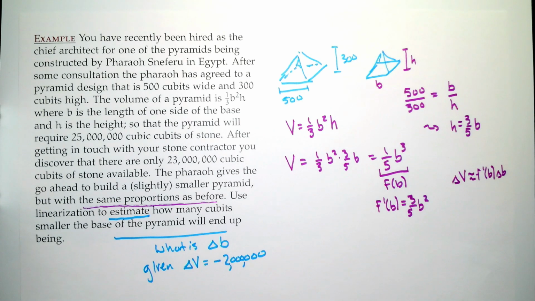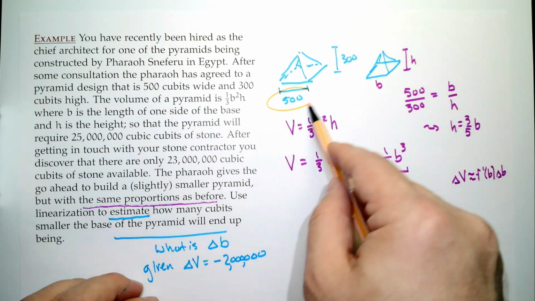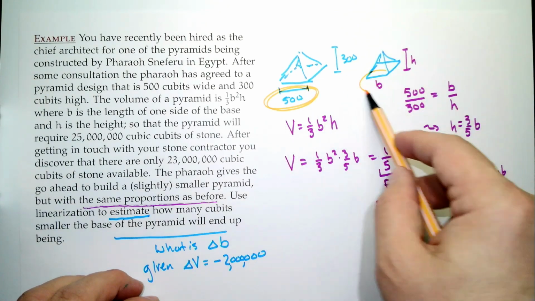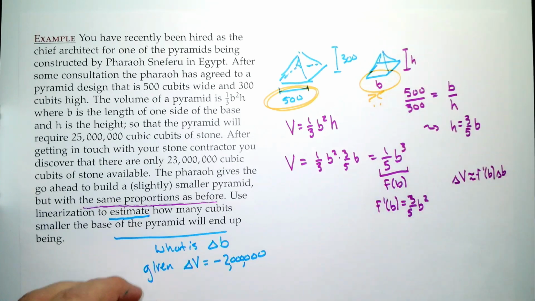We only know one value for b, so that helps narrow it down. We only know that b equals 500. We don't know the smaller b; we're trying to get an estimate for what it is. So we're going to use the linearization at 500 to figure out what's going on.